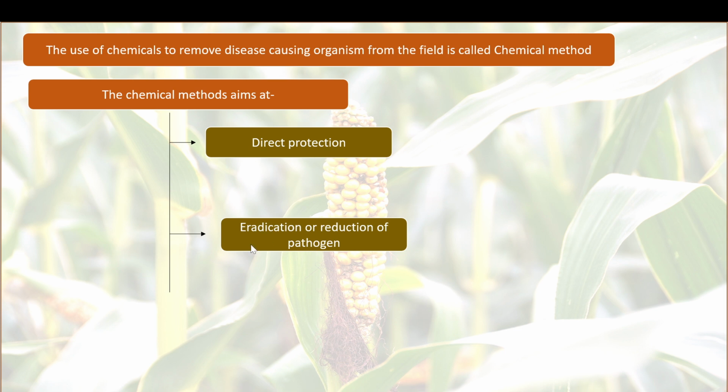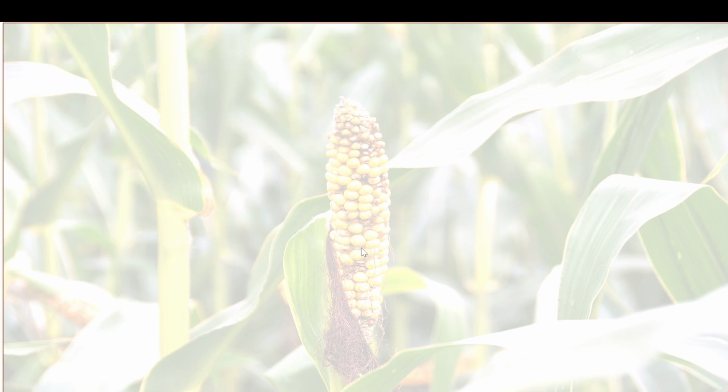So these are the two aims. Either it is to not let the enemy come, or if the enemy has already come, then it is to remove the enemy from the house. So these are the two aims of chemical methods.